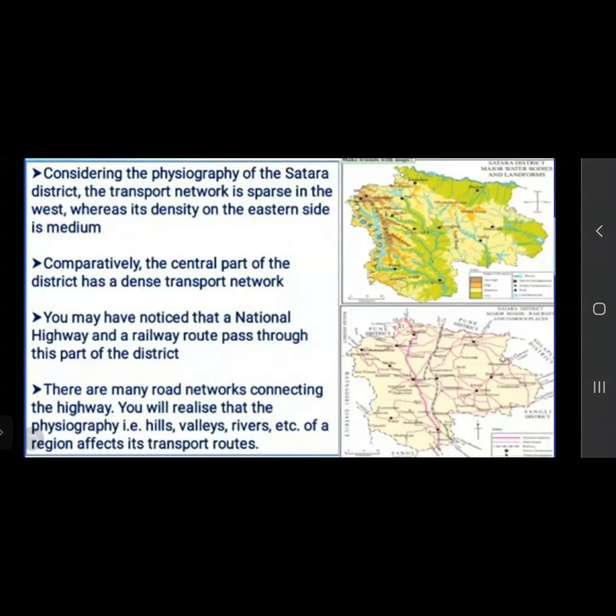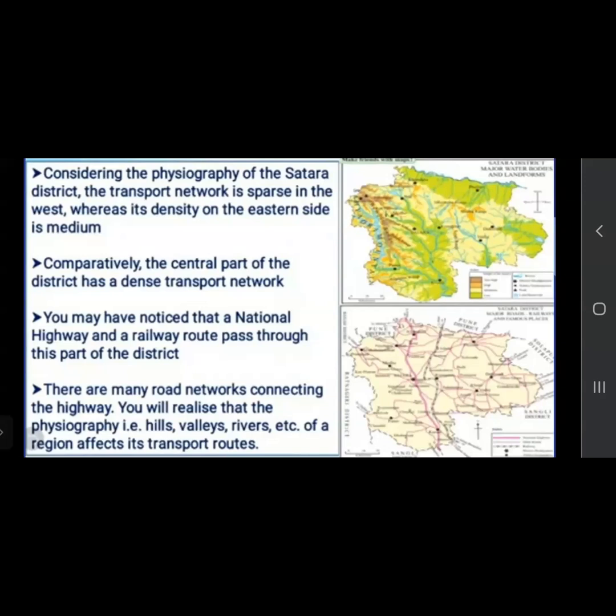The reason we have already seen: because of the topography. The western side has very high elevation, it is a mountainous region, so the network of transportation over there is less.